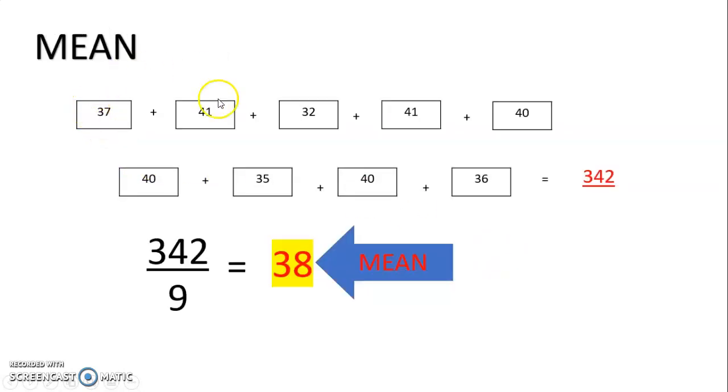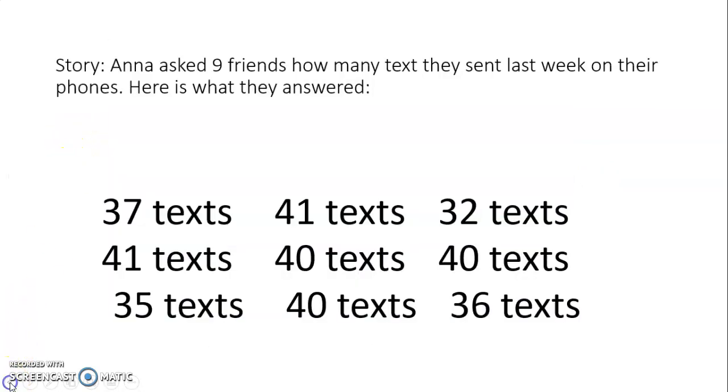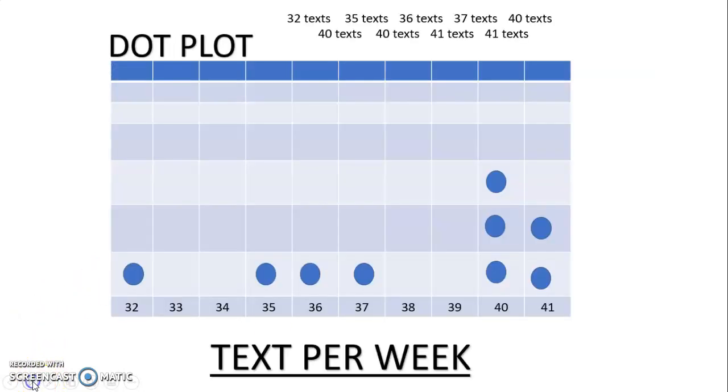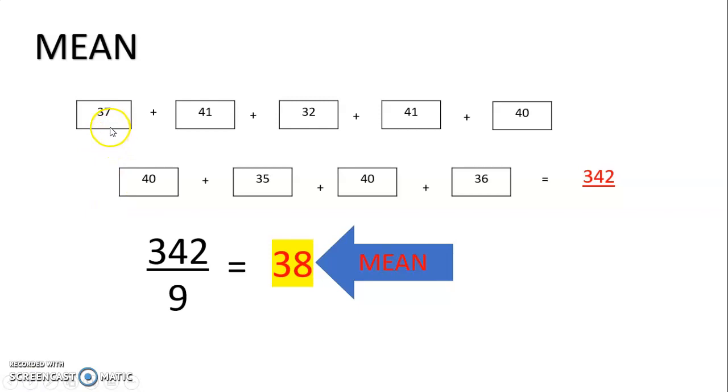So here we go. These are the numbers that they gave us at the very beginning. All these, you're going to add them up. So we're going to add them up right here: 37 plus 41 plus 32 plus 41 plus 40 plus 40 plus 35 plus 40 plus 36.